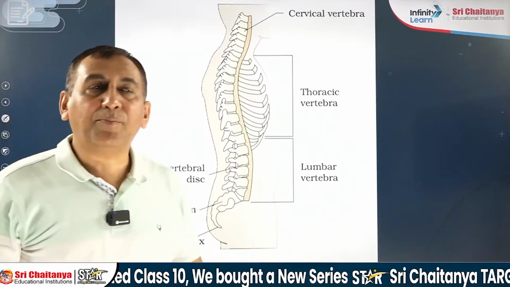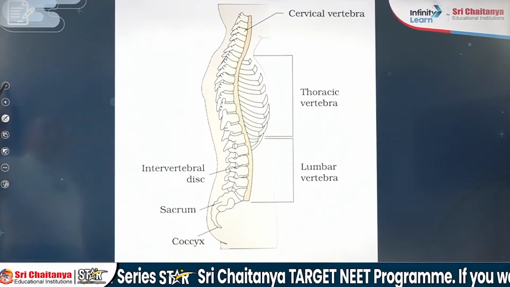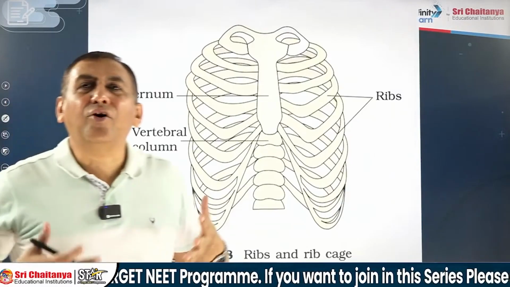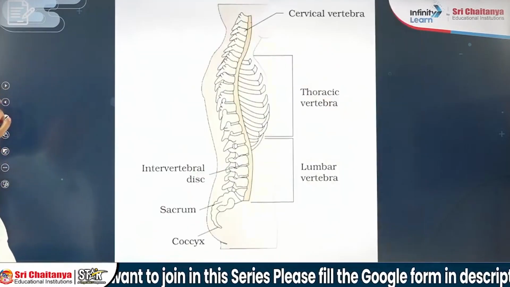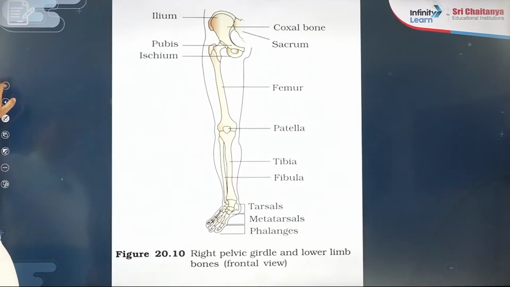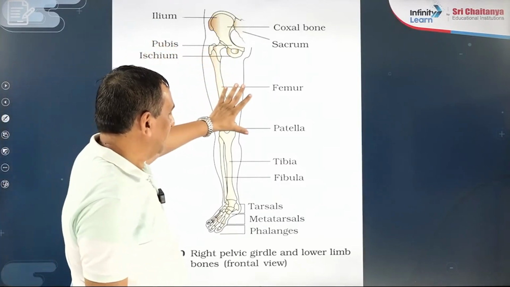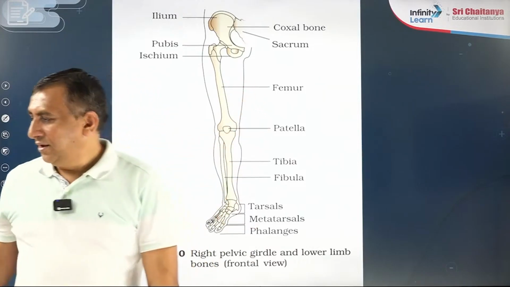So we have the vertebra; that is why we are included in the vertebrata. Many structures are formed by the bones, like the sternum, the vertebral column, the skull, the cranium, and all. I think you have heard the names femur, patella, tibia, fibula. So many things are there.